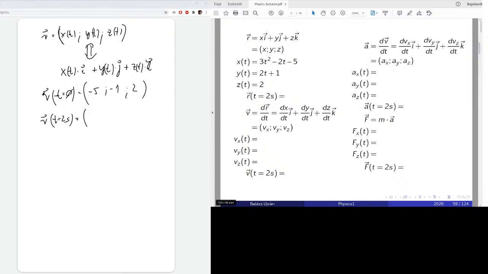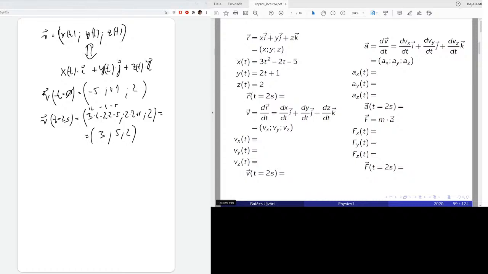So it's 3 times 4 minus 2 times 2 minus 5. 2 times 2 plus 1. Oh, sorry, it's plus 1. And 2, which is 12 minus 4 minus 5. It's 3, 5, 2. So calculating where is the body at t equal 2 seconds is easy.